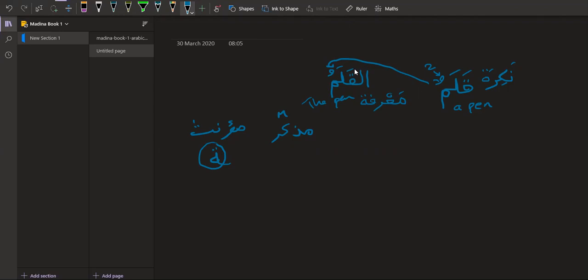But we mentioned that some words do not have a ta, but they're still feminine. For example, narun, and we mentioned the word shamsun, and also the word sama'un, and other than that.